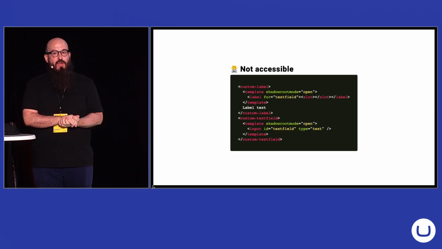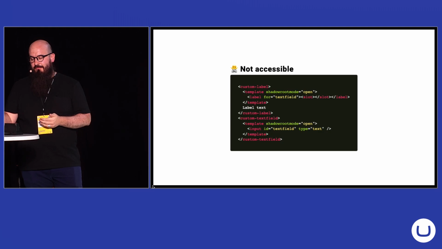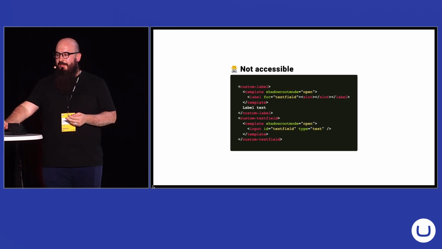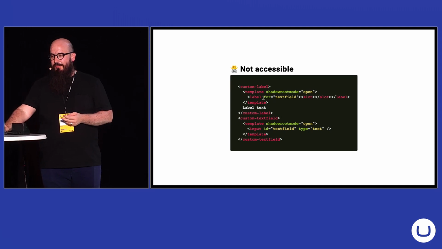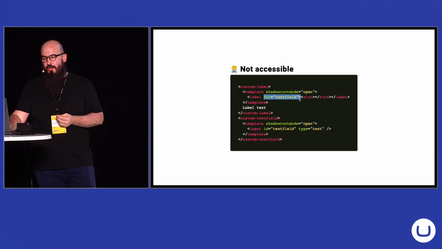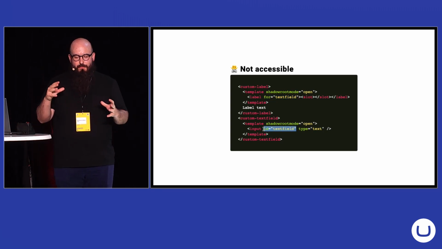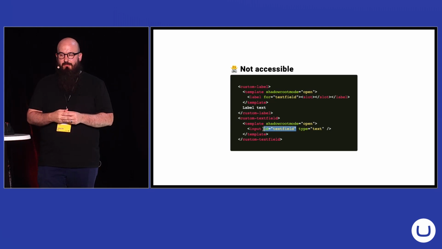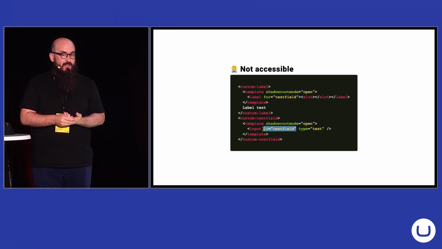However, because you have bound custom shadow roots into both of these custom elements, what would normally be establishing an ID reference between this label, via the for attribute, to the ID of the text field inside of our input, the shadow boundaries between the two elements prevent that reference from being made, and this DOM is not accessible.